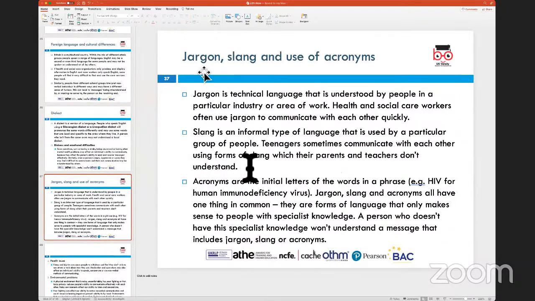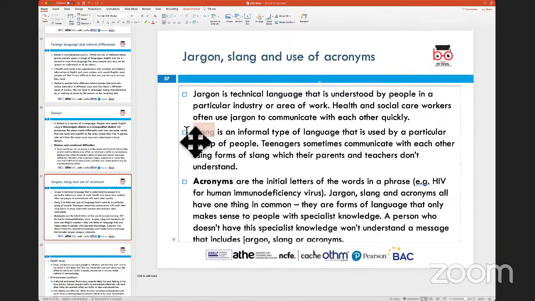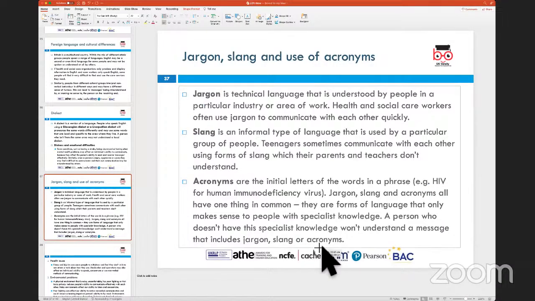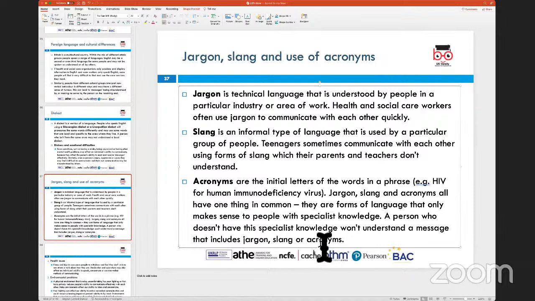And all of these that I've discussed are individual slides. So acronyms, for example, if I say PTSD, or if I use a slang word or give you jargon, sometimes you might ask me, what is this? Could you expand, what does this mean? So when I say HIV, if I don't know the full form of HIV, or if I don't understand, then using an acronym can also be a barrier.